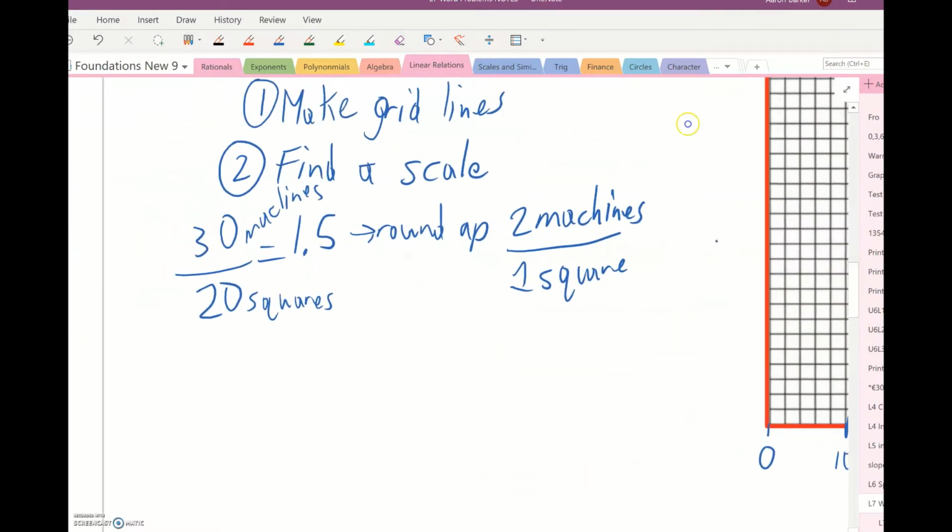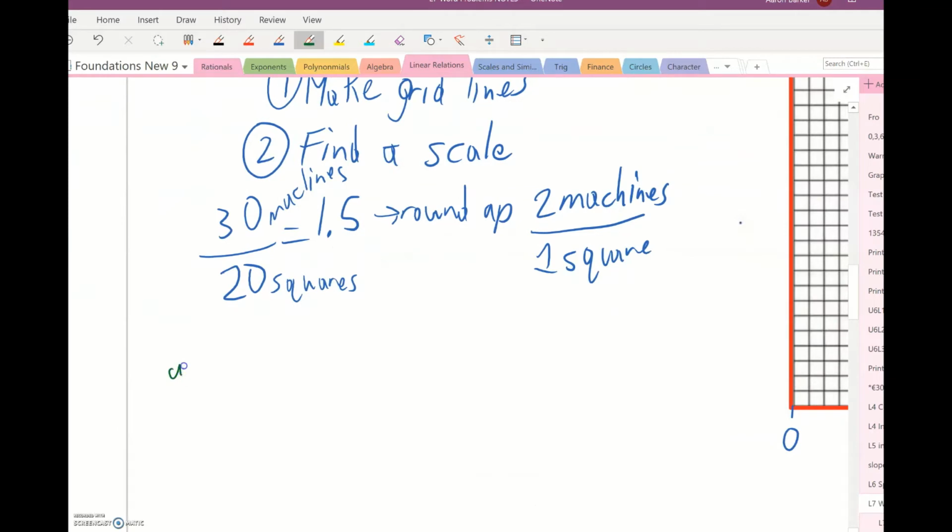So we have 25 going up. All right, so up, which is vertical, we have 25 squares. Okay, and this here was horizontal.